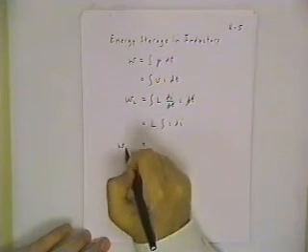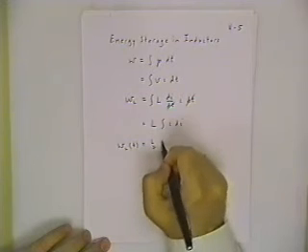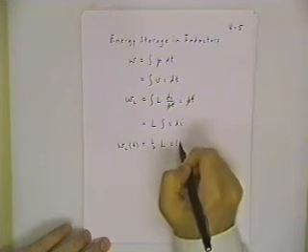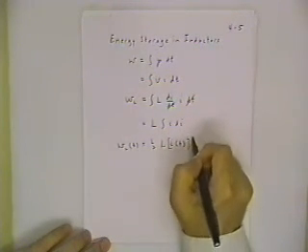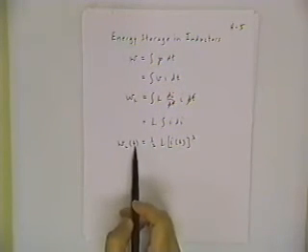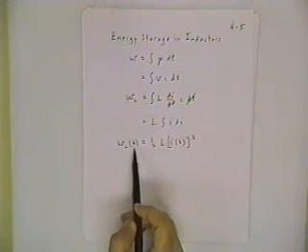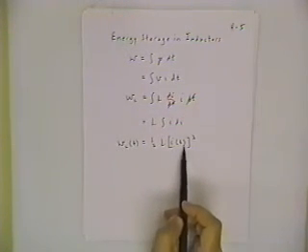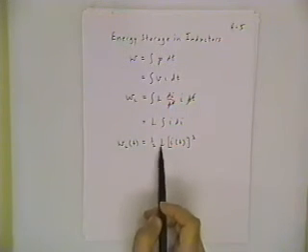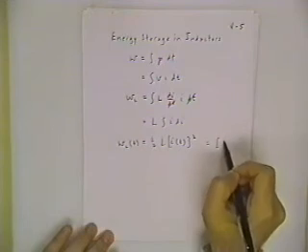Final result, energy storage in an inductor is 1/2 L times I of t squared. So at any time t, if I want to know the energy stored in that inductor in the form of magnetic fields, I just need to know the current going through the inductor, square that current, multiply by L over 2, and that gives me the energy in joules.